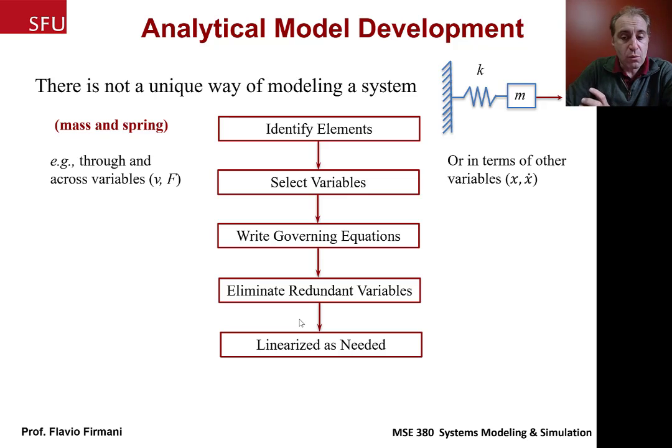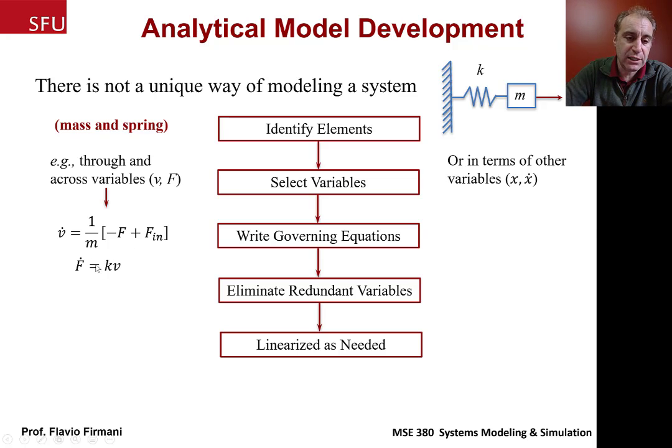Or we can approach the model in a different way. So if we were using the through and across variables, then we would develop our state equations in this form, where we're going to have the time derivative of the velocity and the time derivative of the force that come from our two energy storage elements.